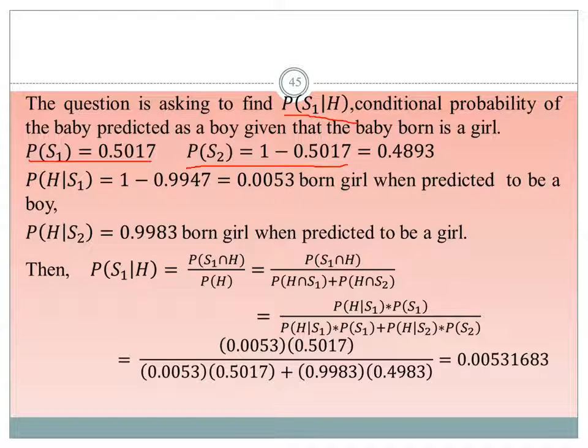In this case we have just two possibilities, predicted boy or predicted girl. Then also the given probability of H given S1 is 1 minus that value, meaning born girl when predicted to be boy. But in this case they gave 99.47% born boy when predicted to be boy.